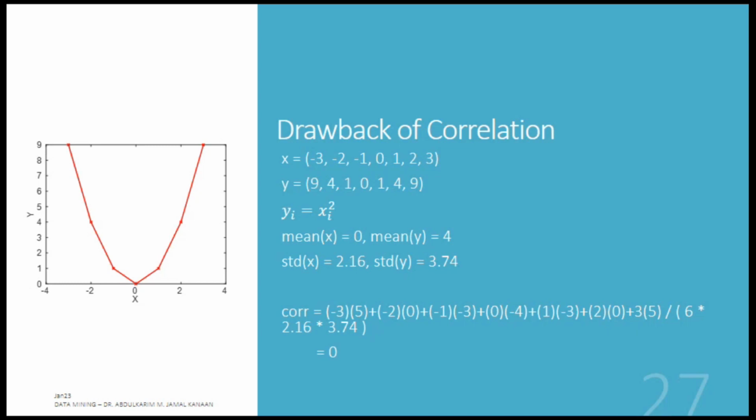So if someone asks how to detect it in this case, you need to apply non-linear regression. We're going to discuss it later. Regression also has two types, linear and non-linear regression. For this case, we need to apply non-linear regression because linear regression will fail as well to detect the relationship. So later we discuss regression.